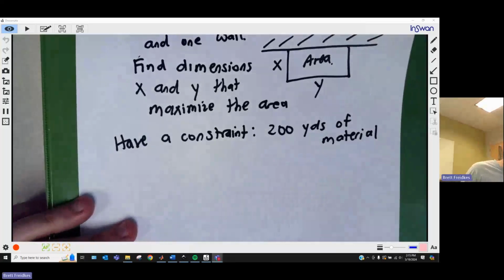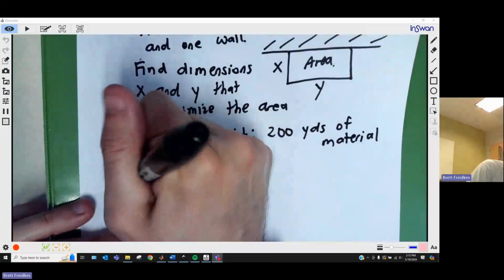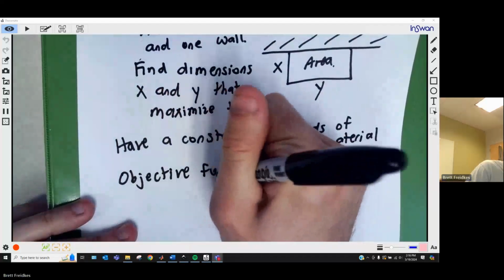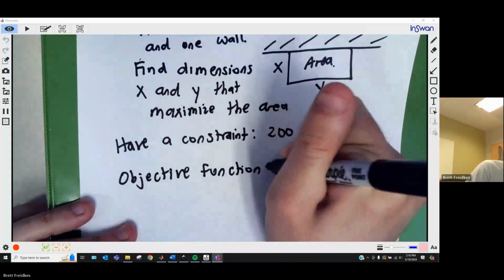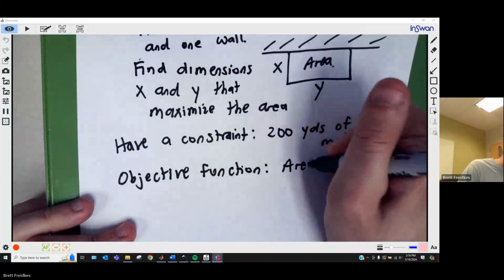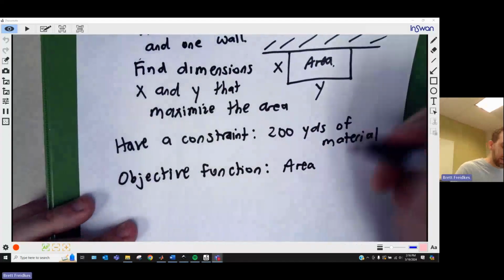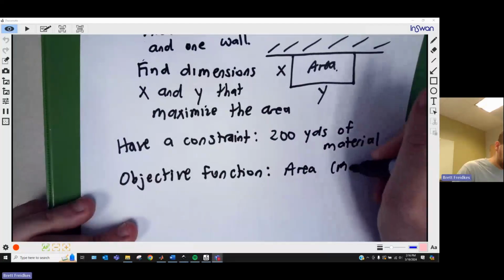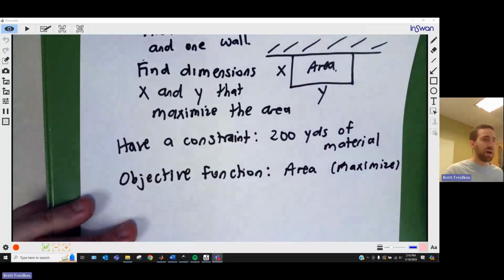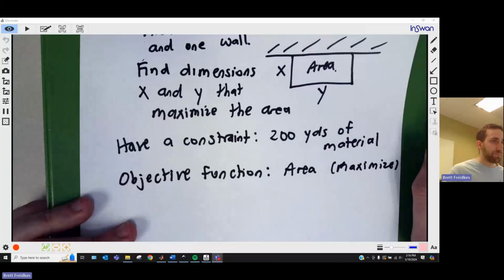And the thing we're trying to optimize, this is what we call the objective function. This is the area. We want to maximize the area. That's what the farmer's trying to do.